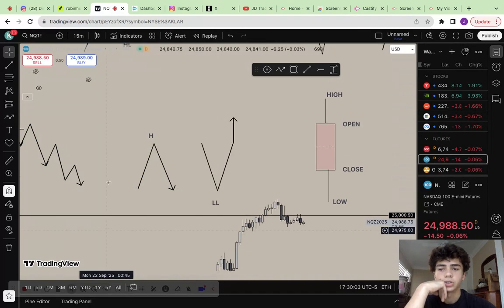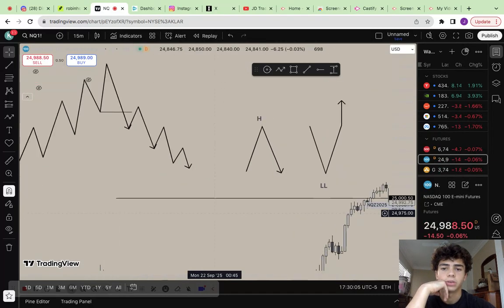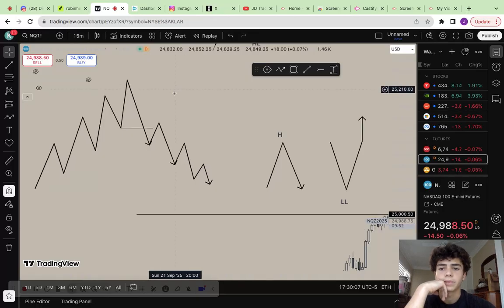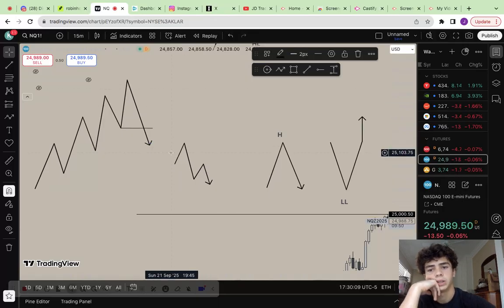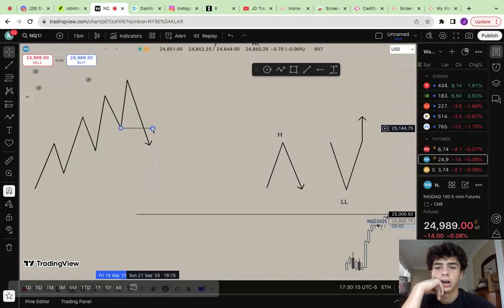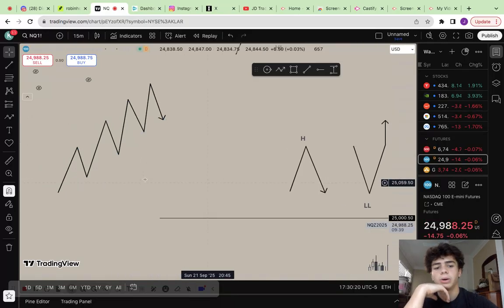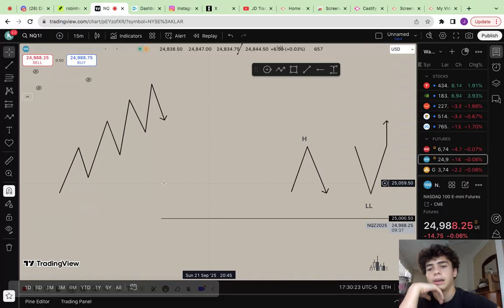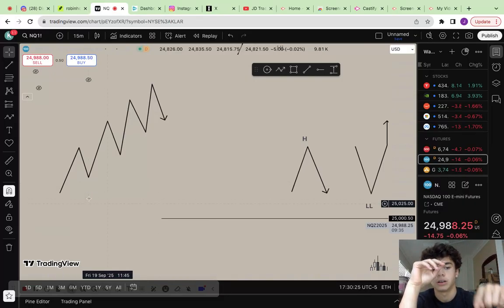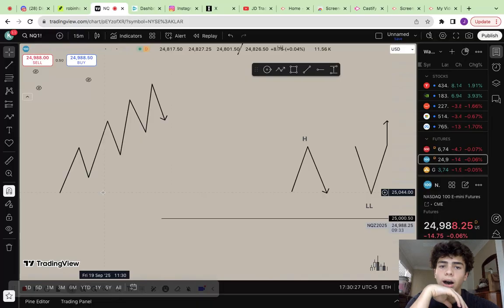Moving into trends, we will go into our first trend, an uptrend, which would be higher highs and higher lows. So let's clear this up a little bit right here. We know a high looks like that, and a low looks like that, a V shape down.